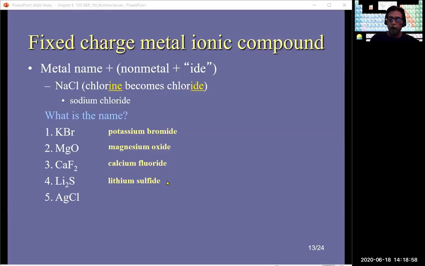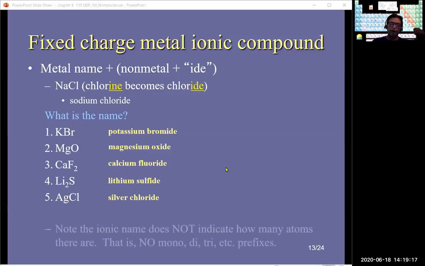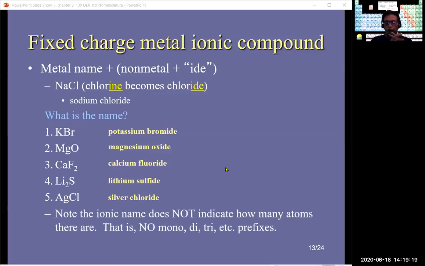Silver chloride, okay? And notice here, you can take the first one, potassium bromide, combine it with potassium oxide, potassium fluoride, potassium sulfide, potassium chloride, and every other combination that you can think of for these five. So no prefixes like mono, di, tri, etc. for ionic compounds.